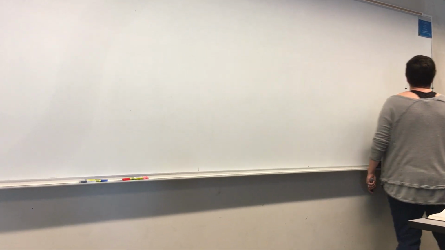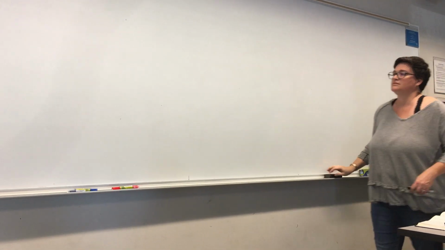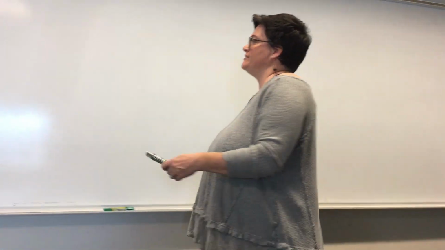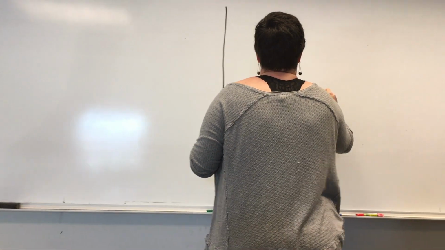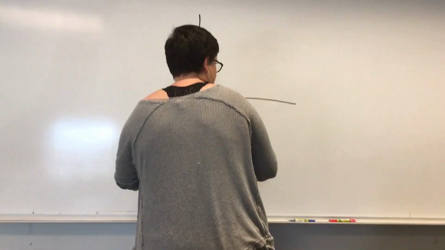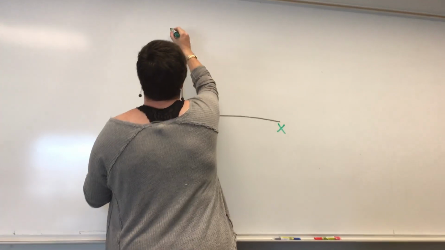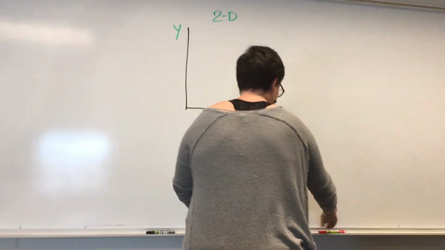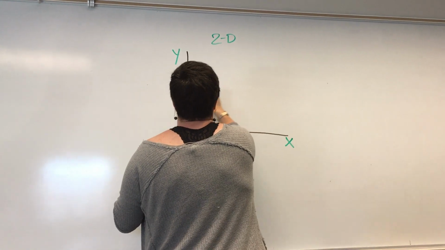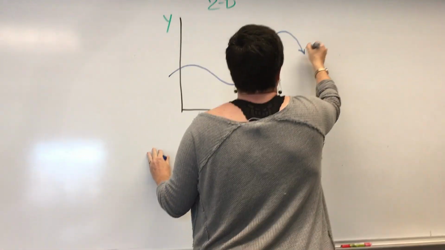I want to talk to you guys about old-fashioned derivatives for a second. Old-fashioned derivatives. So here we have x versus y. This is the 2D derivatives that we've been doing all along, right? Here's some function.